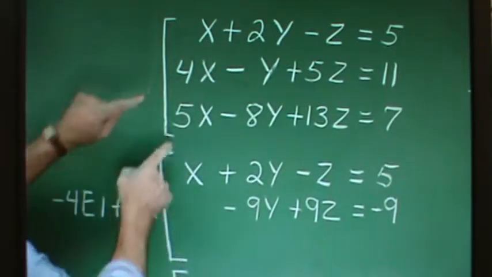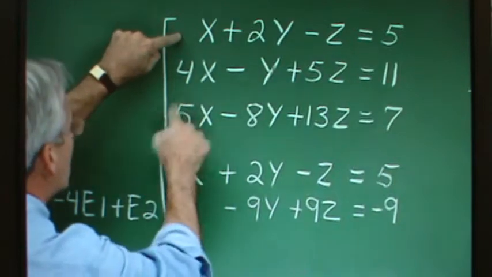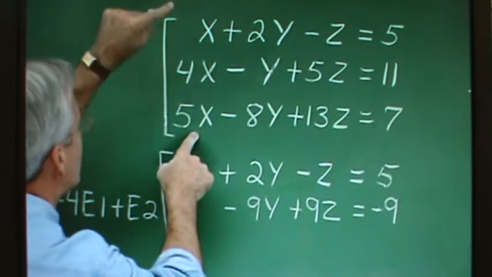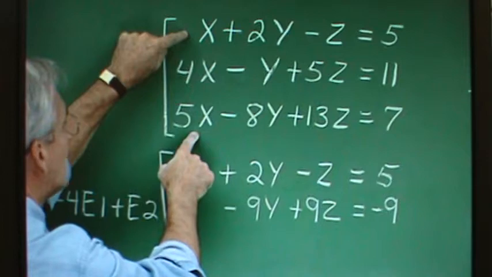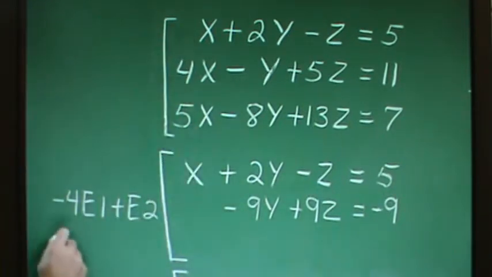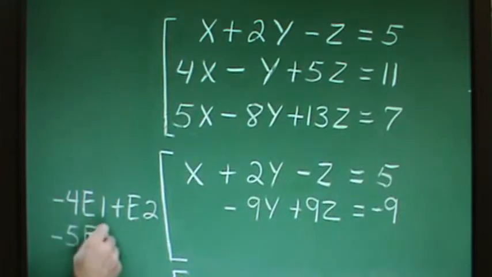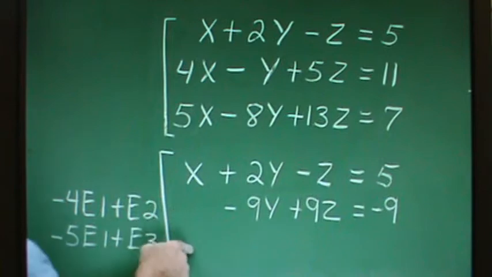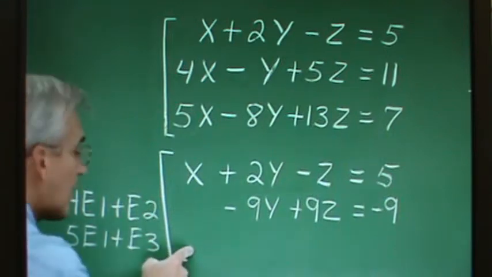All right, let's go to this one. We're playing these two off of one another to create a vacancy here. We'll need to multiply in equation 1 by -5, and then add equation 3. So it's -5 times equation 1 plus equation 3 is what we're doing, creating a vacancy here as expected.